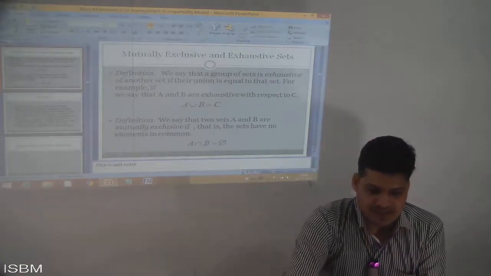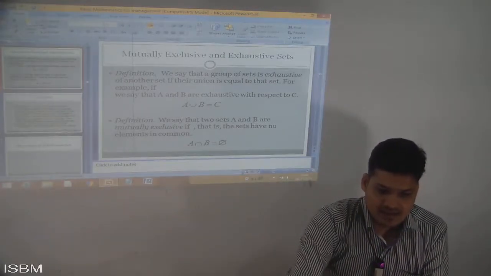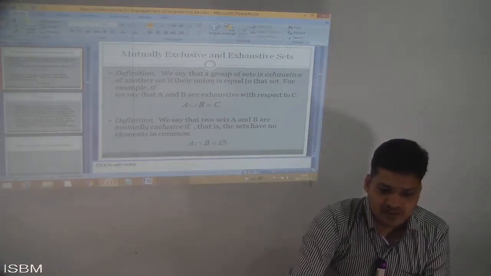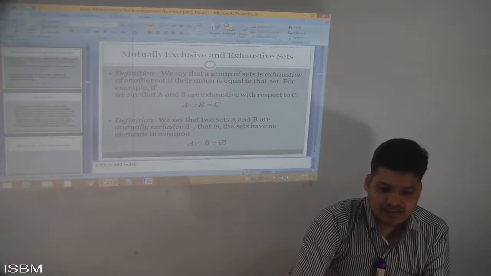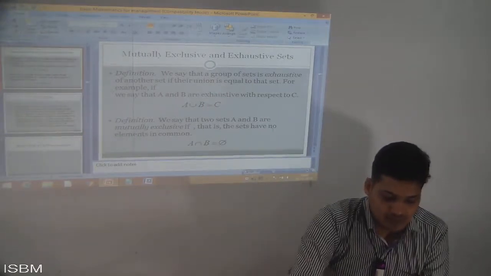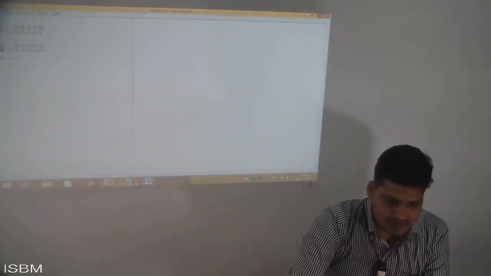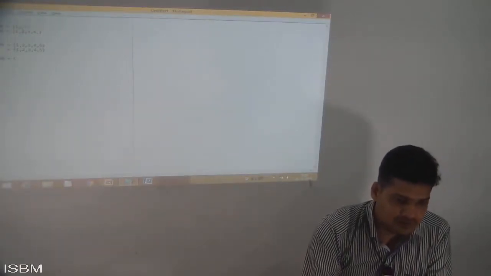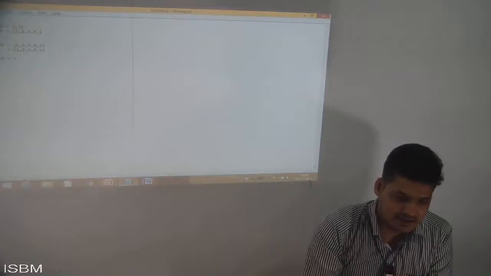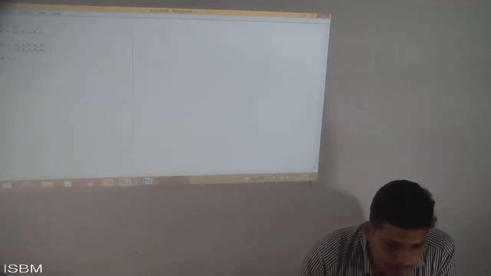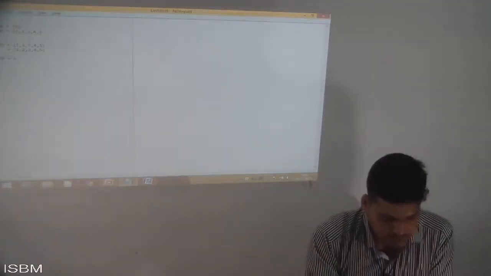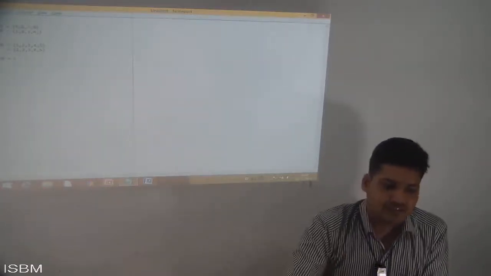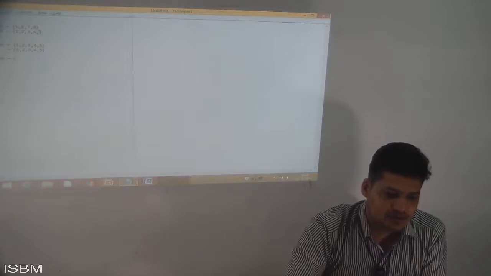So by definition, we say that two sets A and B are mutually exclusive if the sets have no elements in common. Suppose in the set A I have taken 5, 6, 7, 8, and here I have taken 1, 2, 3, 4.